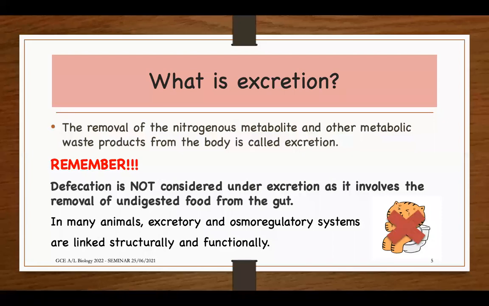From the lungs, carbon dioxide is excreted, and from the skin, sweat is excreted. So other metabolic waste products are carbon dioxide and sweat. Therefore, if they ask you about excretion, you can't only think of your kidney. You have to think of your lungs and your skin as well. Therefore, when they ask you what is excretion, remember it's a removal of nitrogenous metabolite and other metabolic waste products from the body.